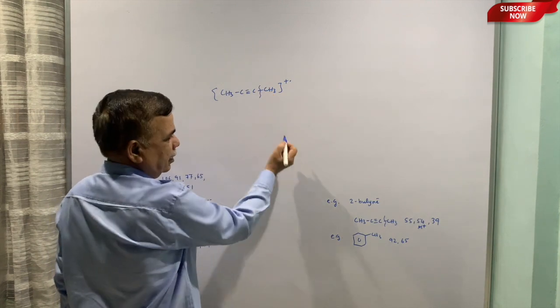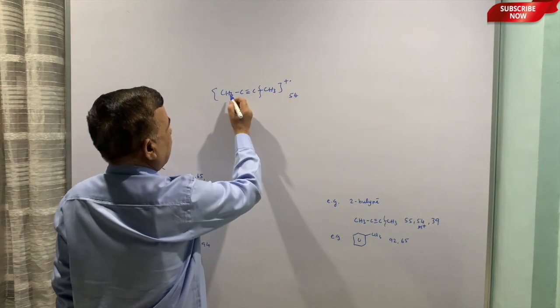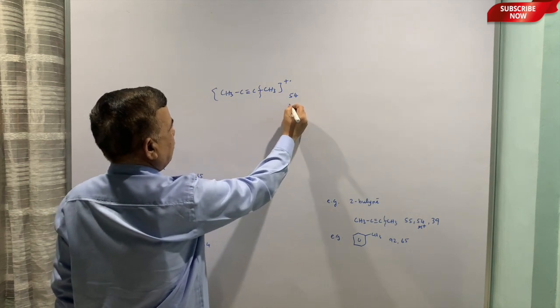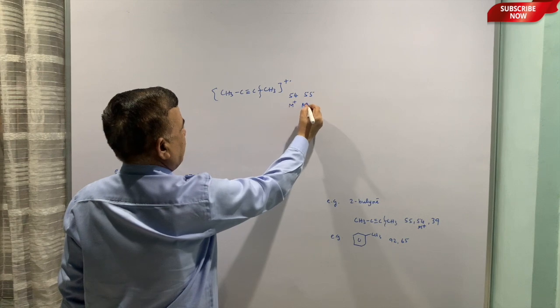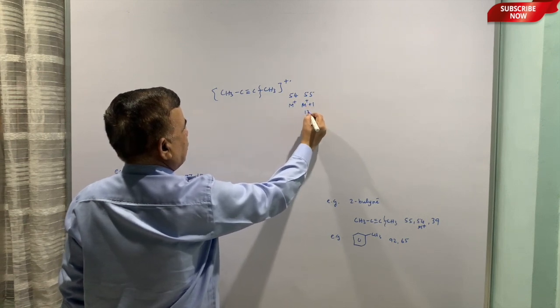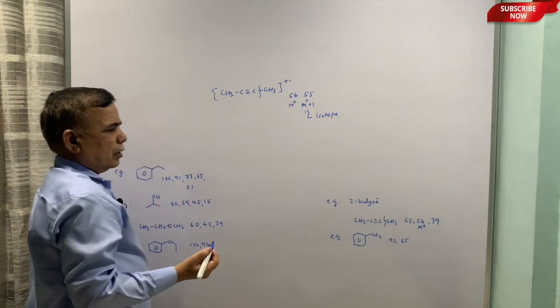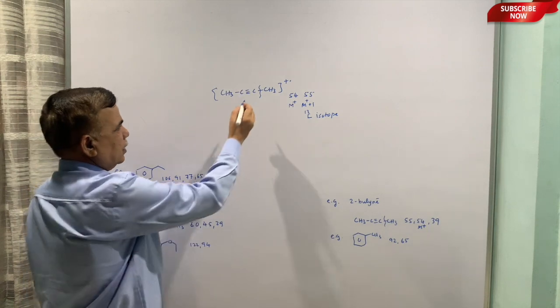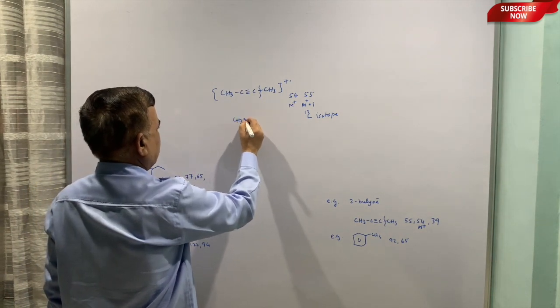Now, here this is 54, 54 is M plus, 55 is M plus 1 for the C13 isotope. Then 39 is simply the loss of methyl. So, I will put those things.